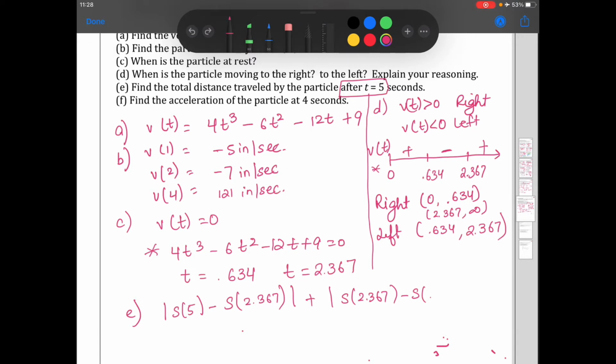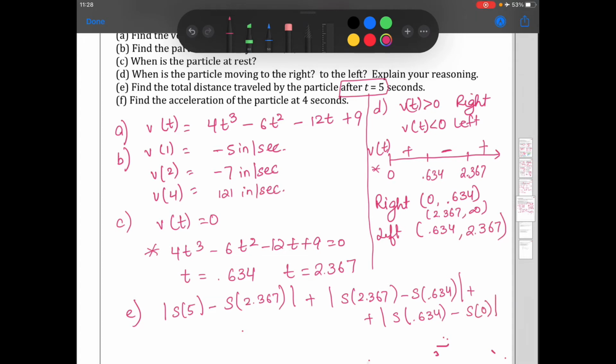Then plus the absolute value of s of 0.634 minus s of 0.